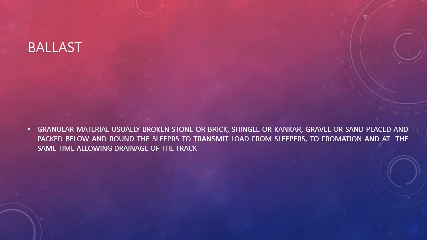So ballasts are generally stones placed below the sleepers, and it will help to transfer the load to the formation level, as well as it ensures a smooth drainage system in the railway track. Otherwise, it will cause water to be retained in between the rails, and they may cause the deterioration of those rails, and after a long time they may cause some rail accidents also. So these ballast ensures a proper drainage system.